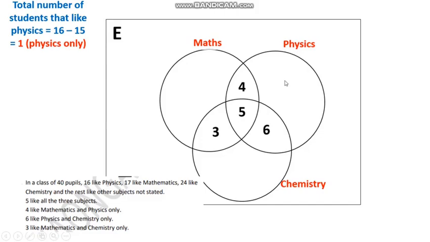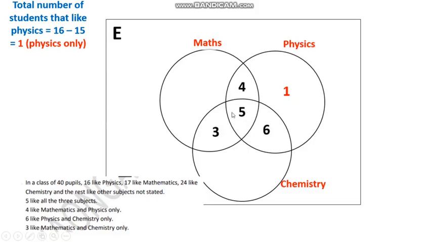This indicates that only one pupil liked physics only. When you add 1 plus 4 plus 5 plus 6, you get 16, which is the total number. The same idea you are going to apply to mathematics. Pupils that liked mathematics were 17. So here we have 4, we have 5, we have 3.